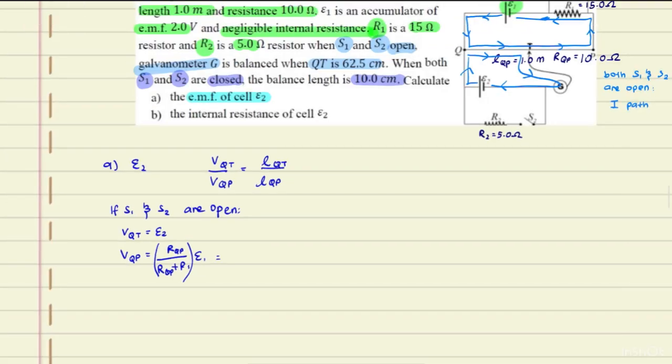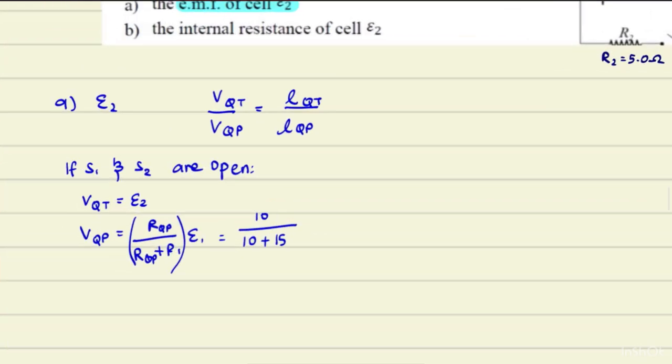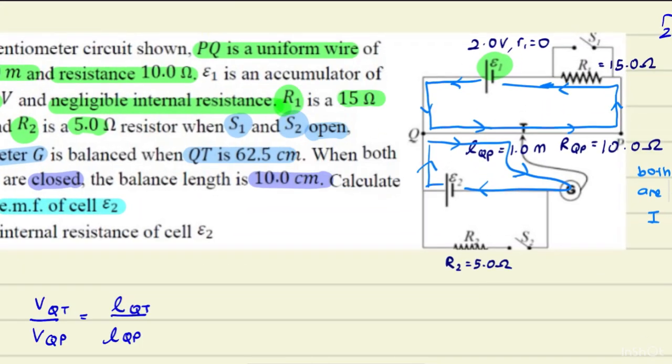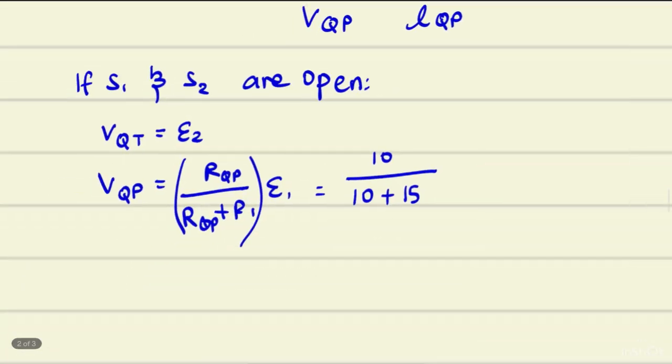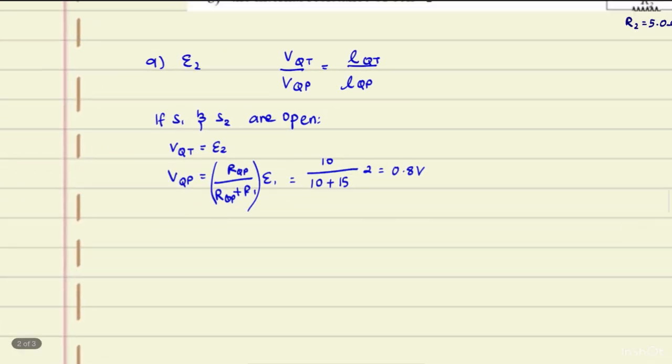RQP kita ialah 10 ohm bahagi dengan 10 tambah dengan 15. Okay, sebab 15 R1 tu darab dengan EMF 1. EMF 1 ialah 2 volt. So kita akan dapat 20 bahagi 25, 0.8 volts.